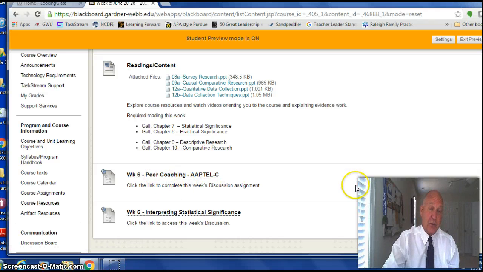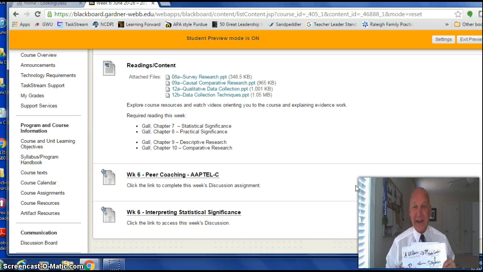As far as the evidence work that you're working on this week, I showed you a chart that you might not have been able to read last week, but someone said something in a discussion this week that resonated with me. That was that make sure you align your best practices that you came up with in part A of your APTEL with the graphic checklist in part B. Now you're responsible for peer coaching on C this week, but again, I hope that you remember I said last week that graphic checklist B and the gap analysis and the opportunities, B, C, and D, should be all part of the same ball of wax.